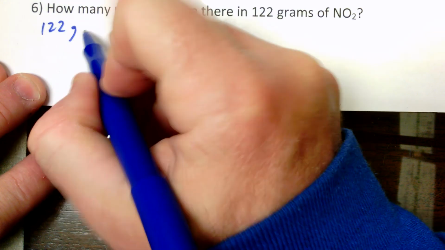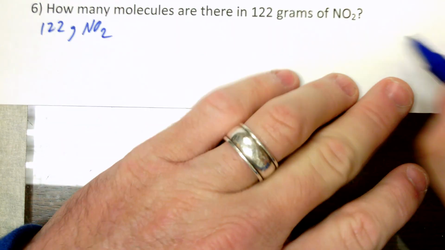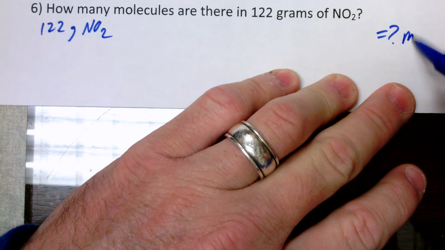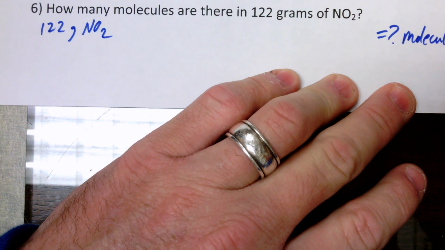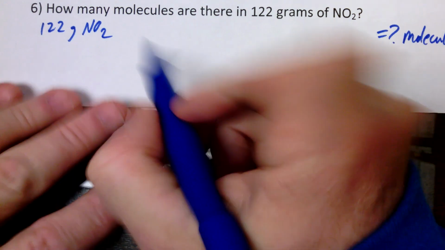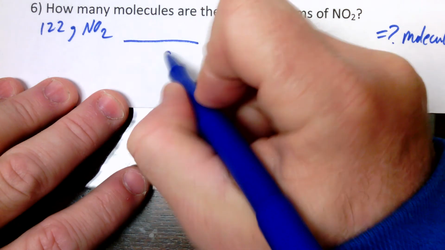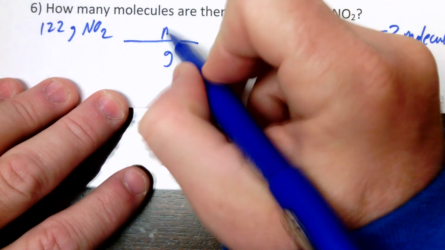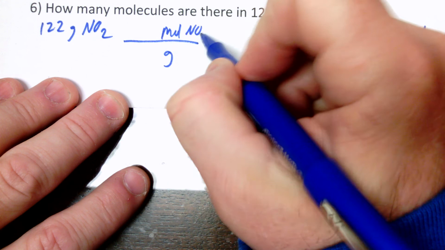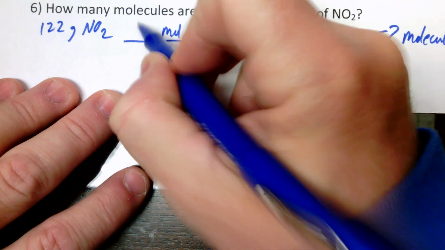How many molecules are there in 122 grams of nitrogen dioxide? Okay. I know how many grams there are in a mole if I go to the periodic table.